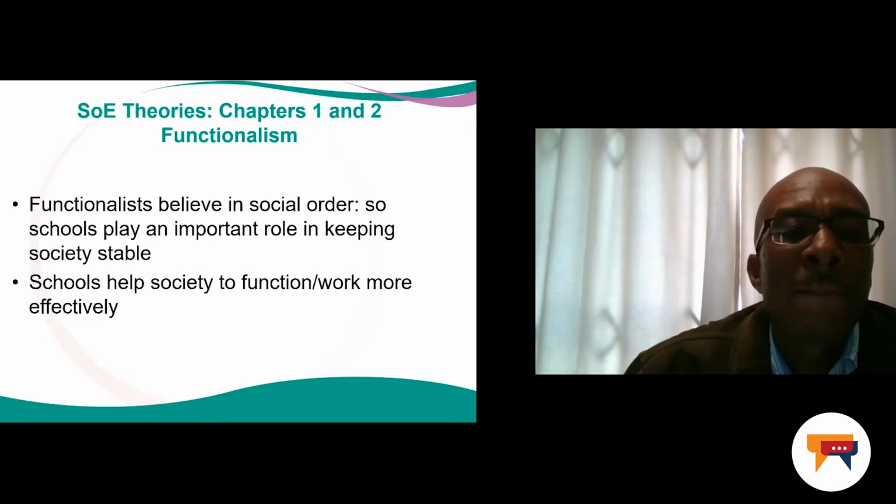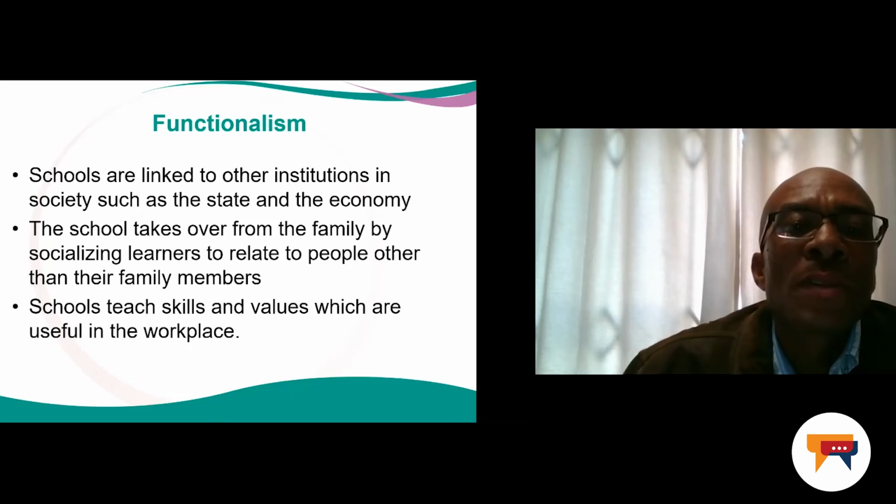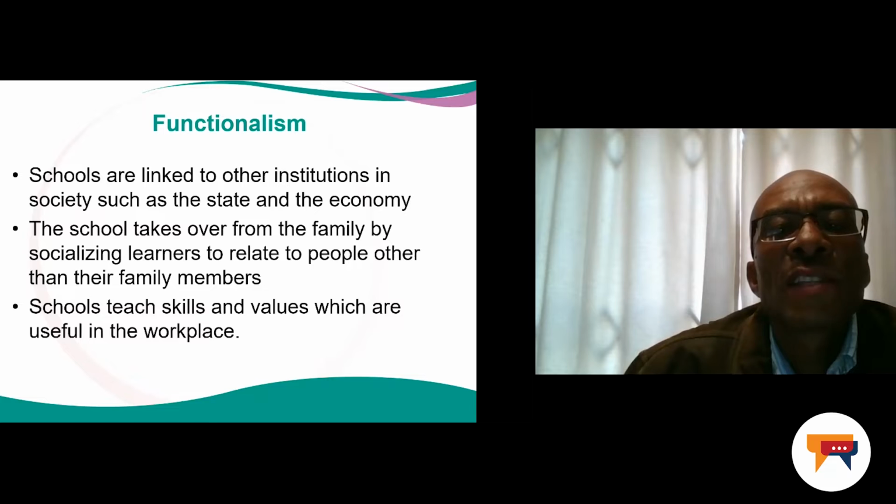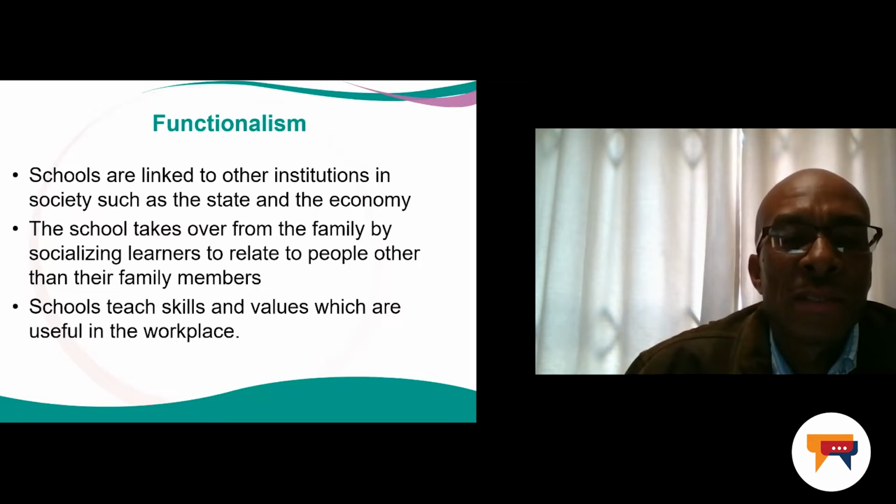or work more effectively. Schools are also linked to other institutions in the society, such as the state and the economy, for example. Moreover, the school takes over from the family by socializing learners to relate to people other than their family members.